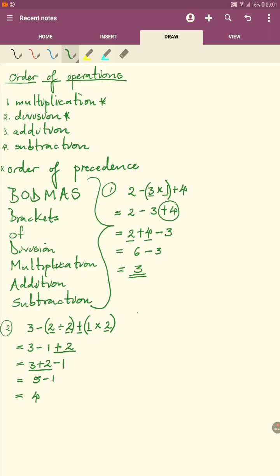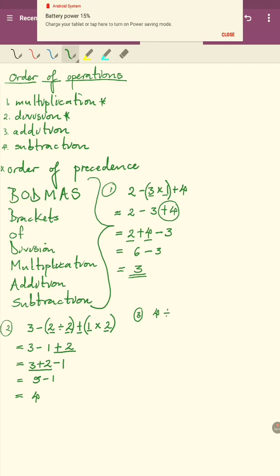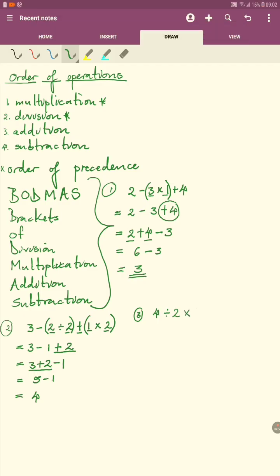Another example, 4 divided by 2 times 2 plus 1 minus 4.